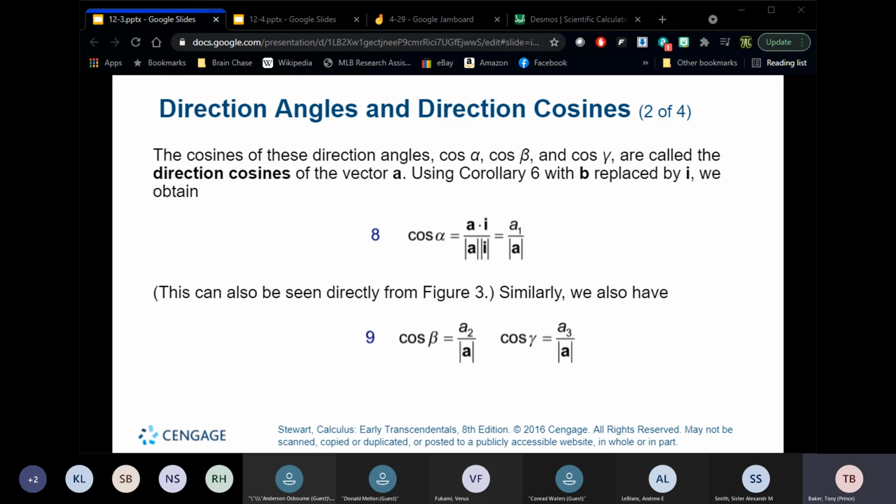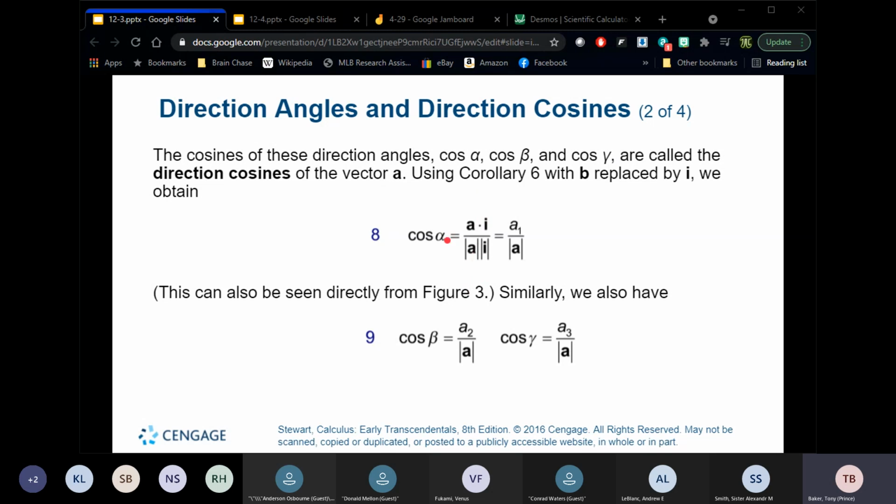Gamma. There we go. It's the lowercase letter. I would have gotten it if it was the uppercase letter. So it's alpha, beta, and gamma. Don't get them confused with x, y, and z.